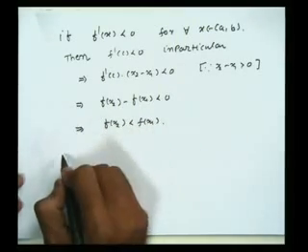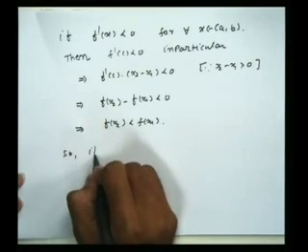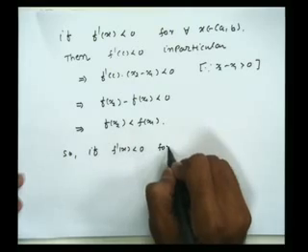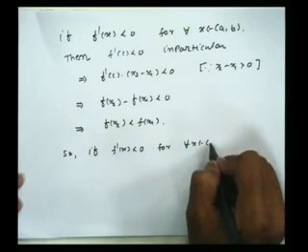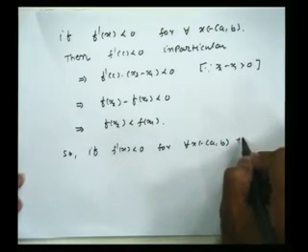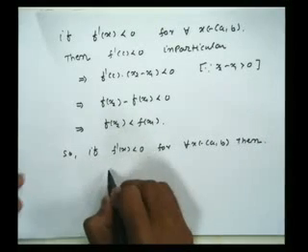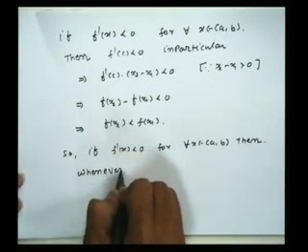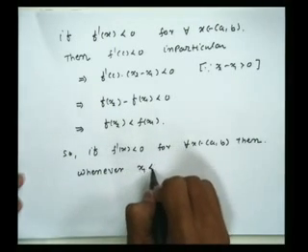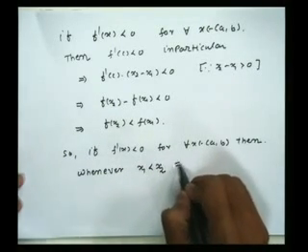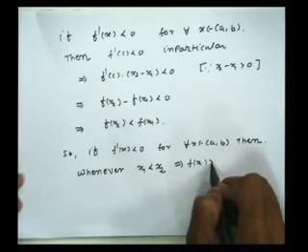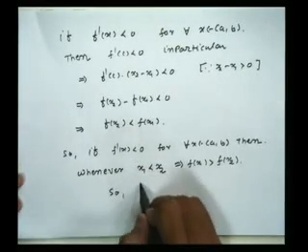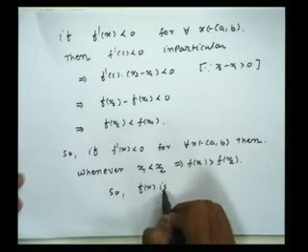So if f dash of x is less than 0 for every x belonging to AB, then whenever x1 is less than x2, we have f of x1 greater than f of x2, so f of x is a decreasing function.